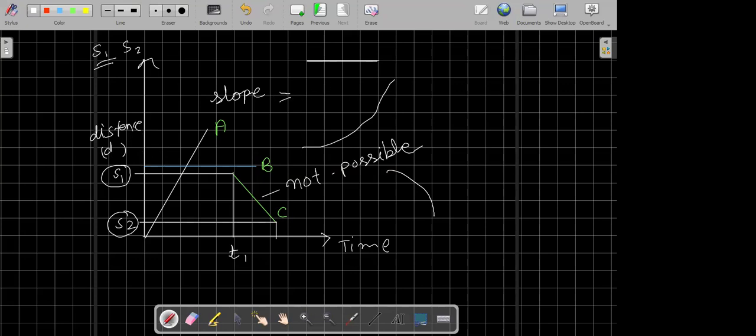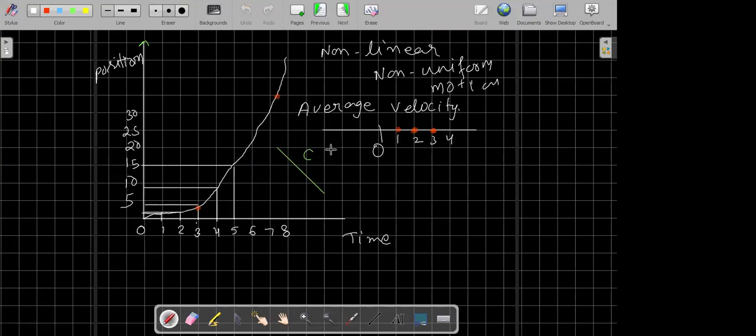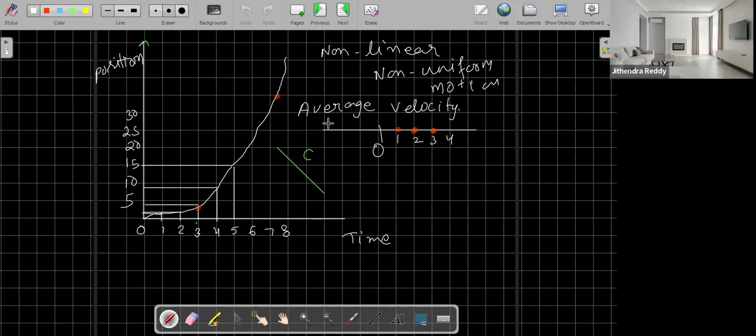So slope will be the change of distance with time, and change of distance with time is called speed. So if I find the slope in this graph, I will obtain speed. If I find the slope in the position time graph or displacement time graph, I will obtain velocity. Got it, everyone? Yes, sir.